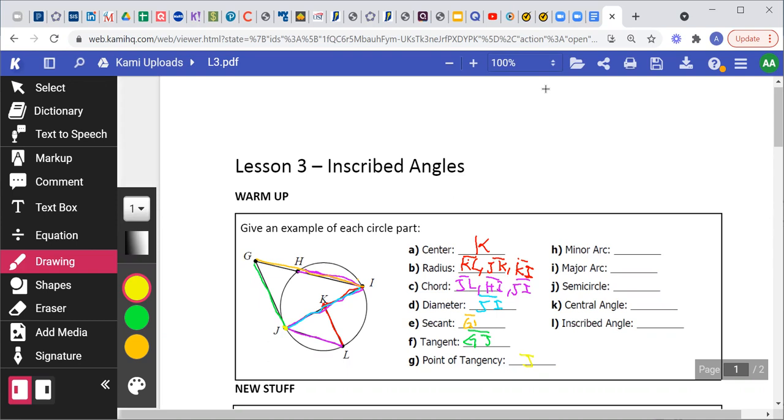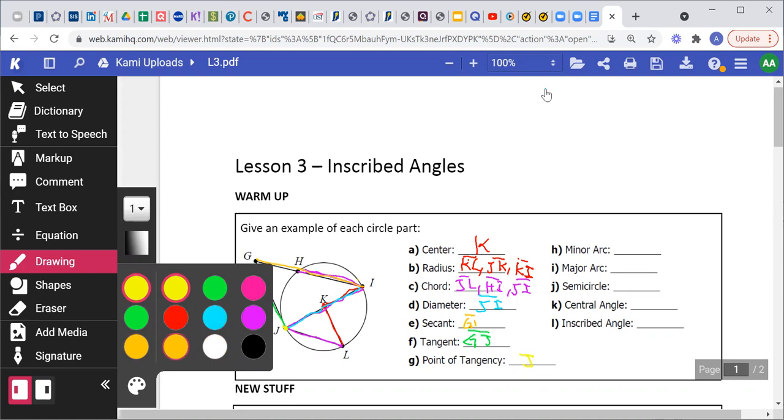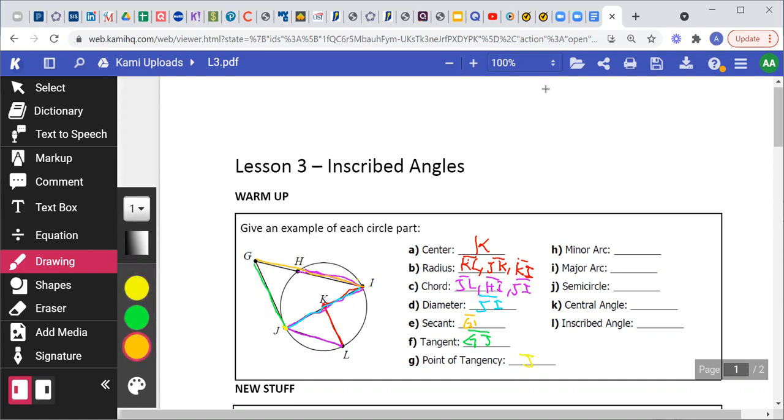And in terms of arcs, we have many of them here, so you're just going to take a few. A minor arc is an arc that is less than 180 degrees, or less than half of the circle. So one of them is HI.